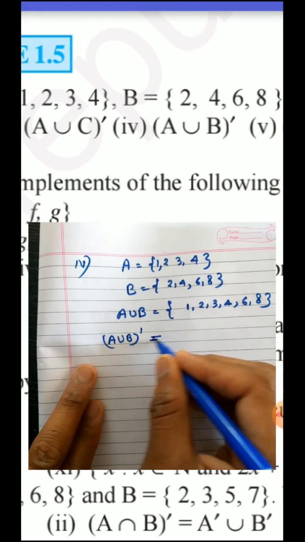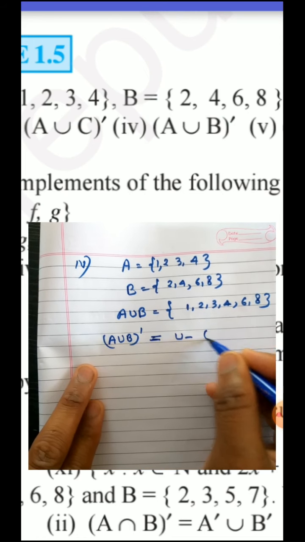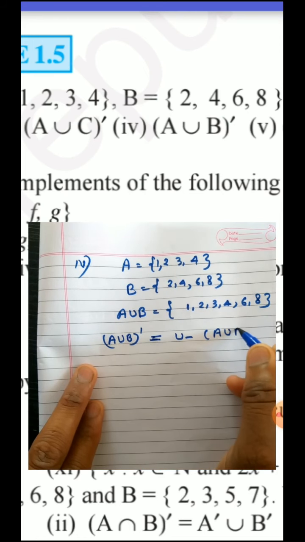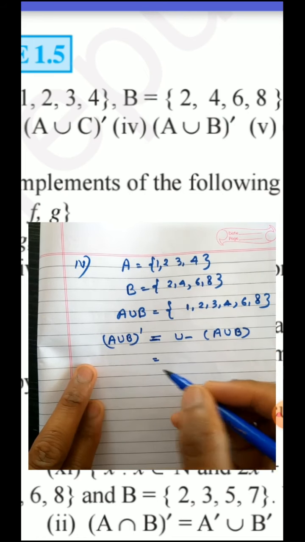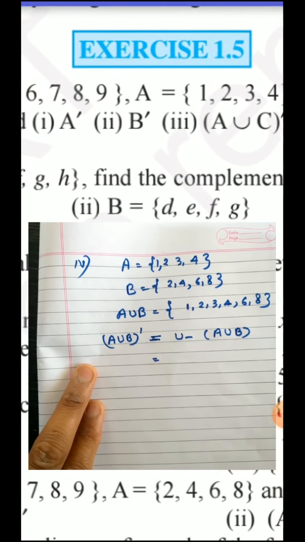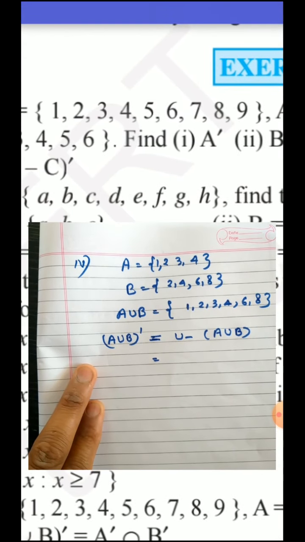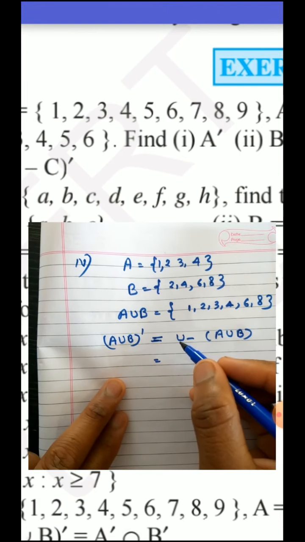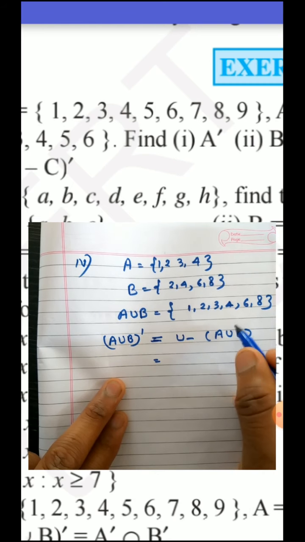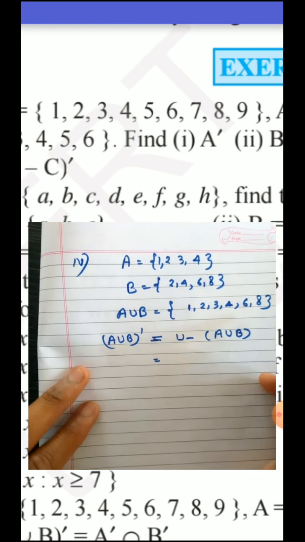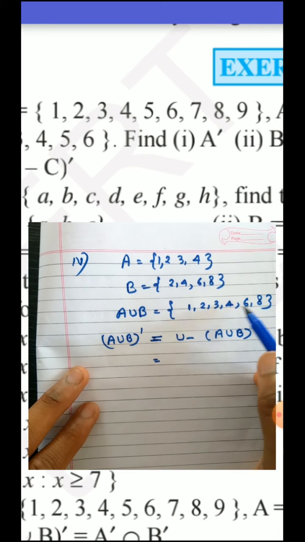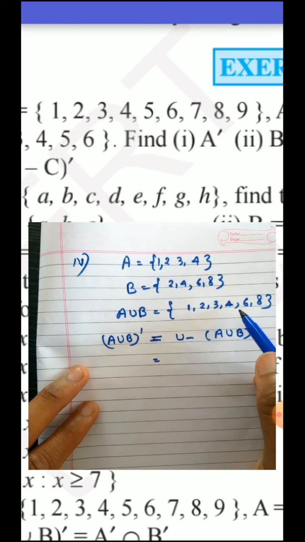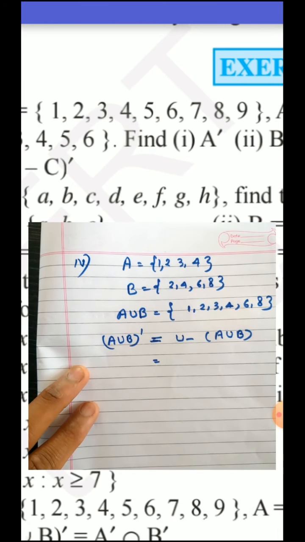A union B complement equal to universal set minus A union B. Okay, universal set is the set of the elements of the first 9 natural numbers. From it you will subtract, means you will ignore the elements 1, 2, 3, 4, 6, 8.